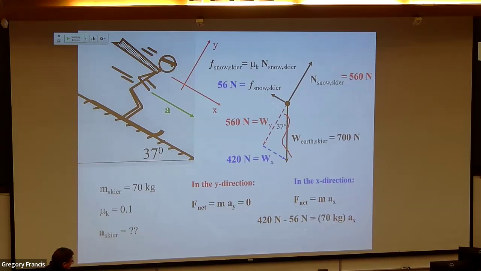And that's equal to the mass of 70 kilograms times the acceleration. When I solve that for acceleration, I get 5.2 meters per second squared. And that's less than 9.8, which is the goal of skiing. Regardless of what your friends have told you, you want to keep your acceleration smaller than 9.8.